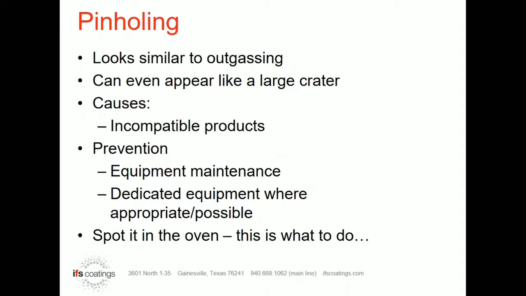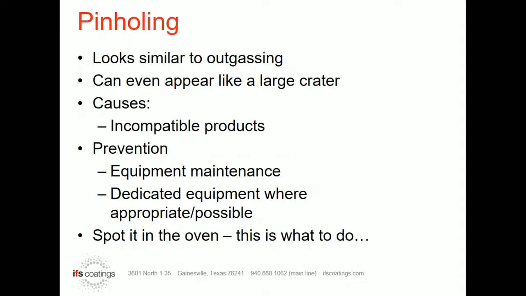Yeah, I think the point of sometimes needing dedicated equipment is there are times, even though you clean your equipment well and think you've done everything you can do, products just have enough of some substance in there that it will pinhole the following product. It could be just because it didn't clear out of the oven as well.